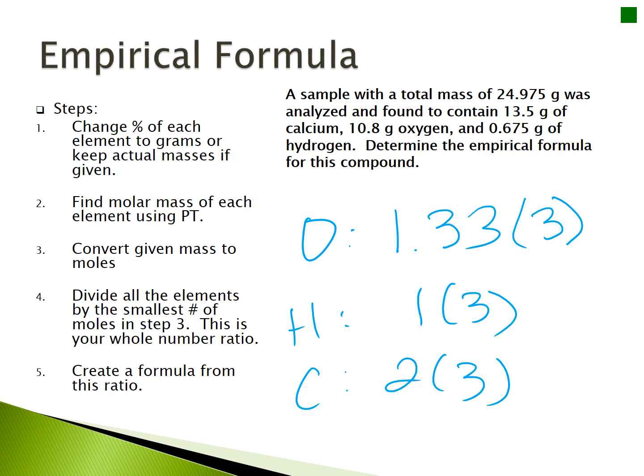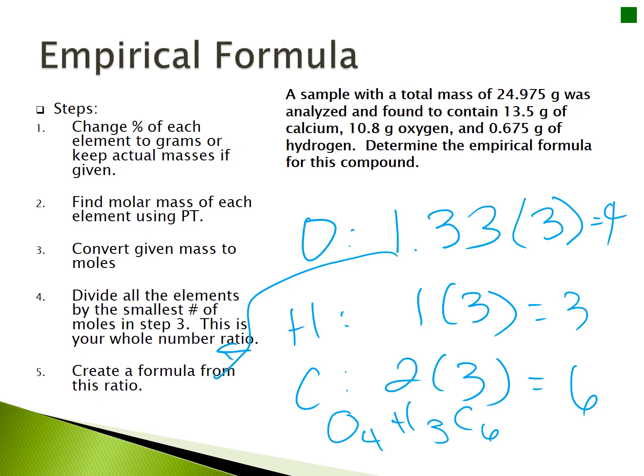And so you end up with 4 and 3 and 6. So in that case, you would end up with O4H3C6. Once again, I just made these up. It doesn't have anything to do with this problem, but you will be faced with that on your test and worksheets and so on and so forth.